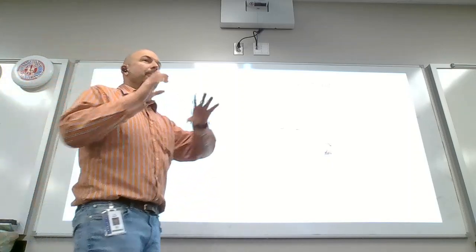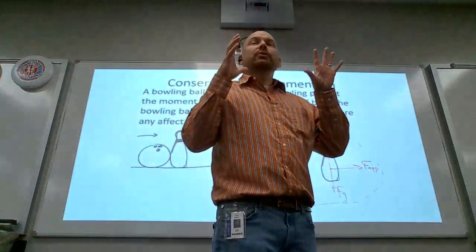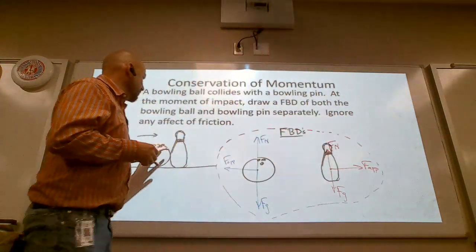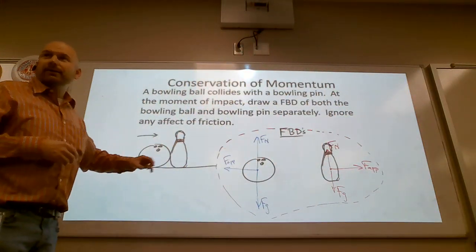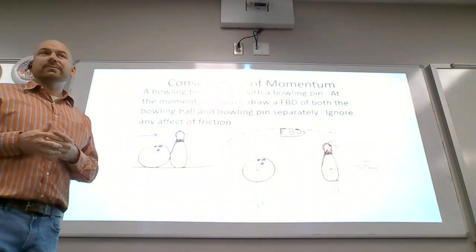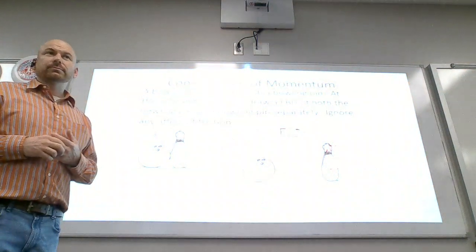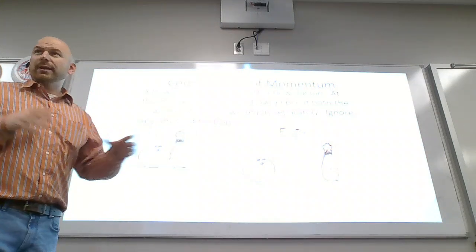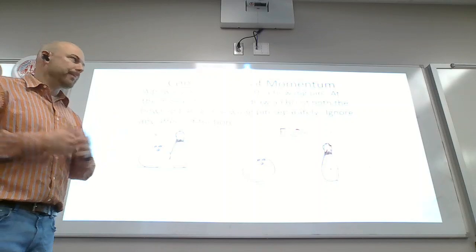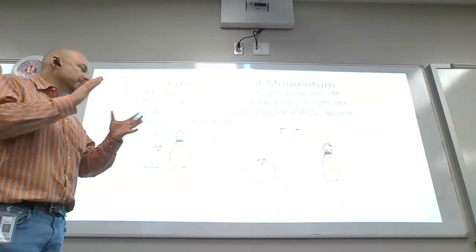After the collision, both are moving, but the total momentum of the system will still be equal to how much momentum the ball had initially. The total momentum of the system is still conserved, even though both things are moving. Okay, so that's kind of how that fleshes out.